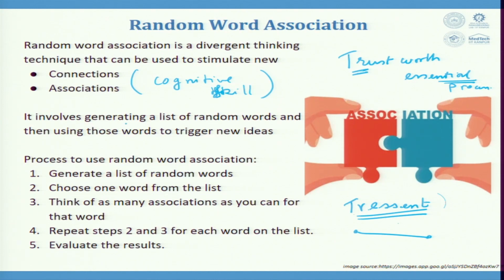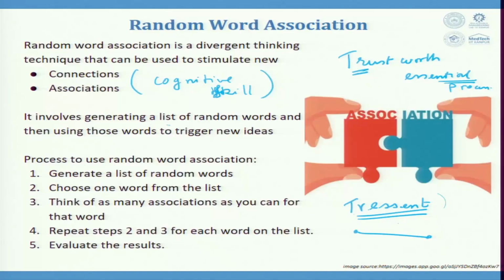It involves generating a list of random words and then using those words to trigger new ideas. For example, if you are trying to design a shampoo container, I would like to put the keywords like beauty, elegant, smart, right, and it should attract me when it is kept in between so many things.